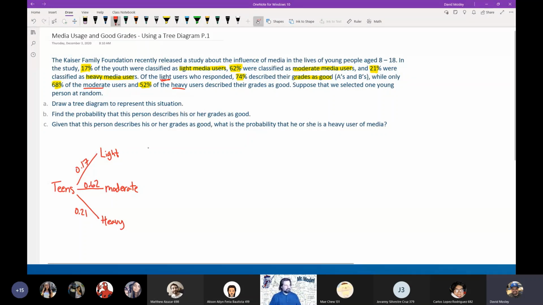Then our next branch: for each of these, we have 2 branches. We have good grades, bad grades. So we'll just say good, bad, good, bad, good, and bad.